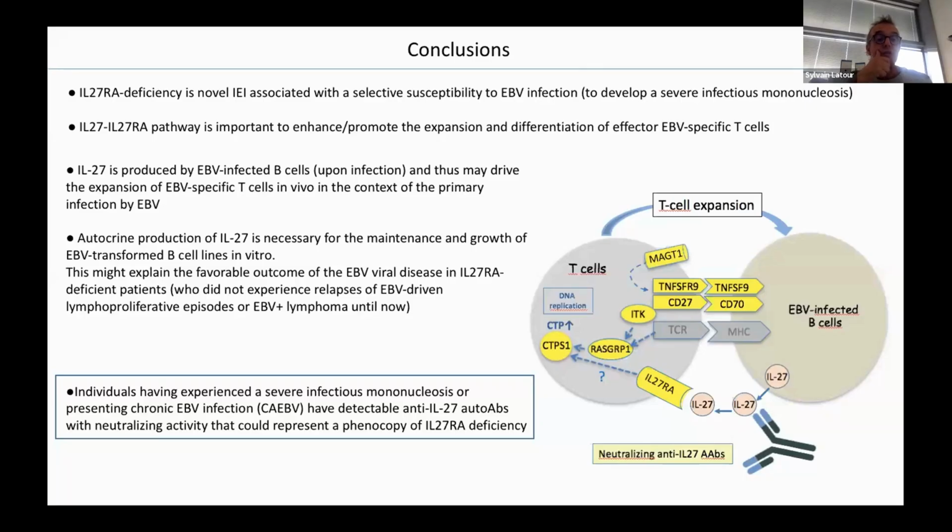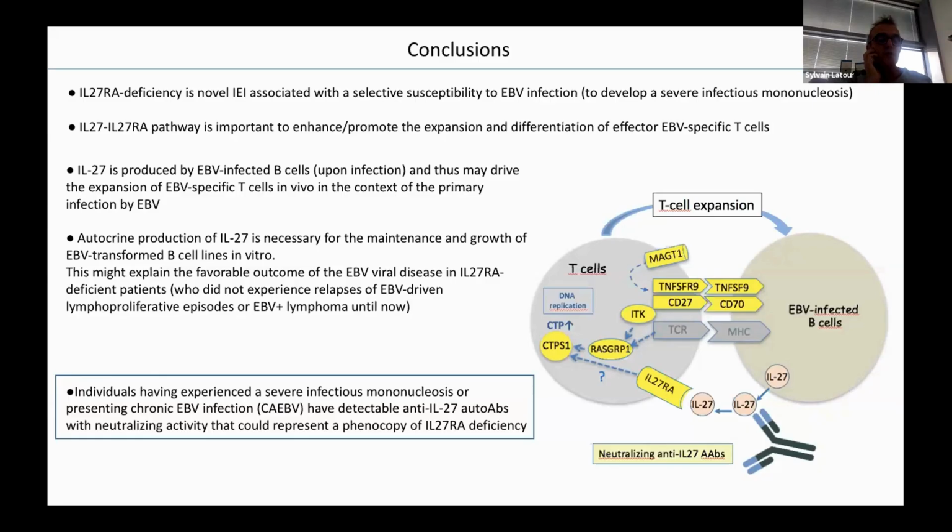And we also show that autocrine production of IL-27 is necessary for the maintenance and growth of EBV-transformed cell lines in vitro, and this possibly might explain the favorable outcome of the EBV disease in IL-27 deficiency, as the patient did not experience relapse of EBV-driven proliferative episodes or EBV-positive lymphoma until now.